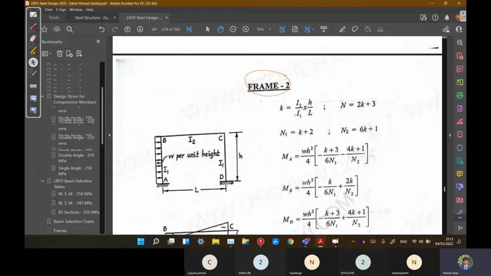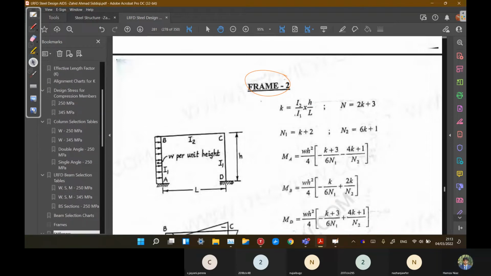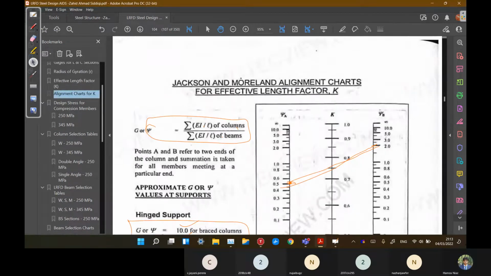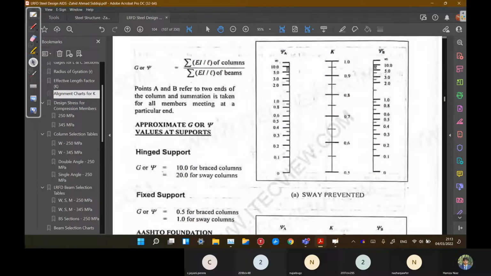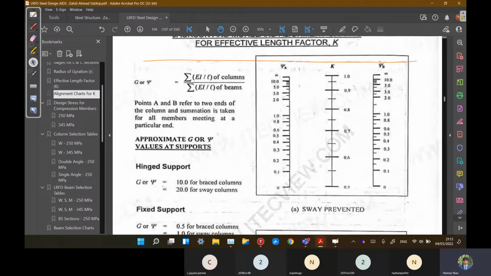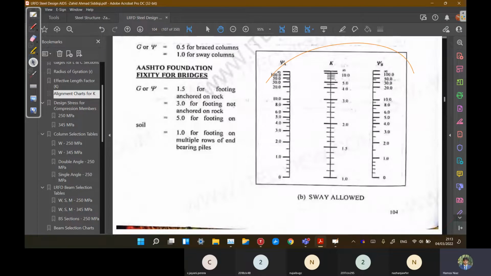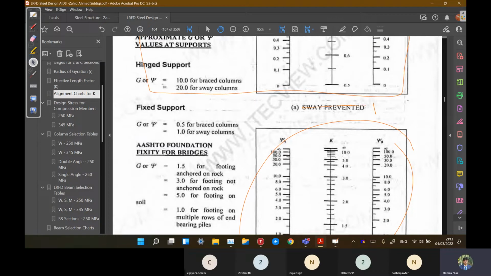if we go to the alignment charts, these are the alignment charts. The top one is for K1. This alignment chart is for K1 and this alignment chart is for K2. This is sway allowed for K2 and this is sway prevented for K1.